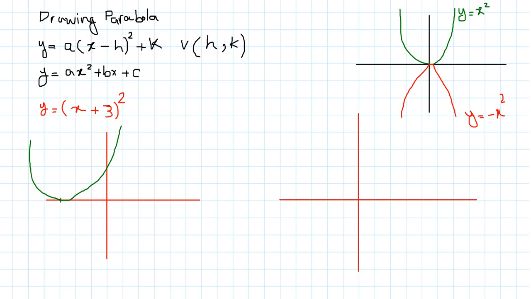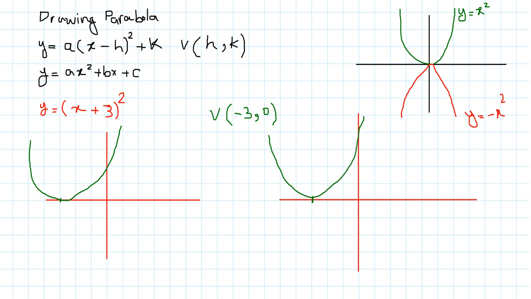Now by the vertex point. The x of the vertex point here is the opposite of this sign. It is -3. And y is 0. Okay, my vertex should be at -3 and 0. And because x squared is positive, I draw it easily.